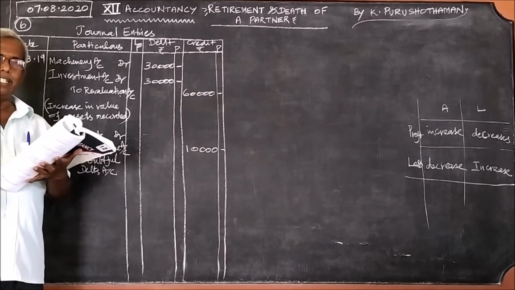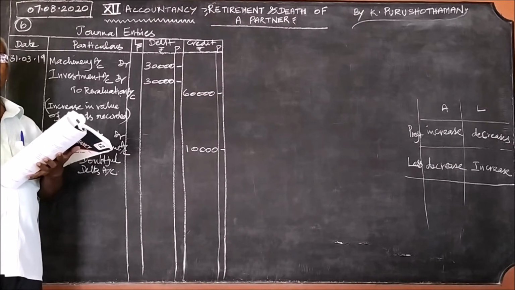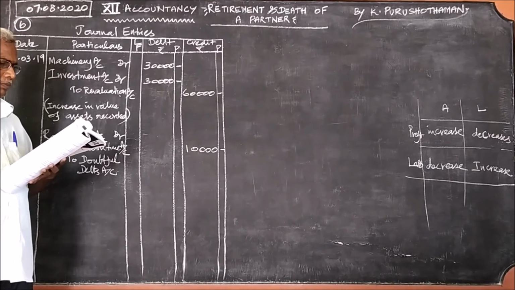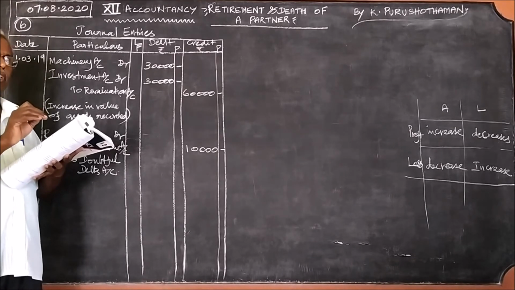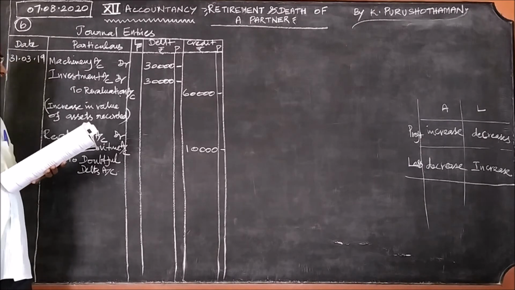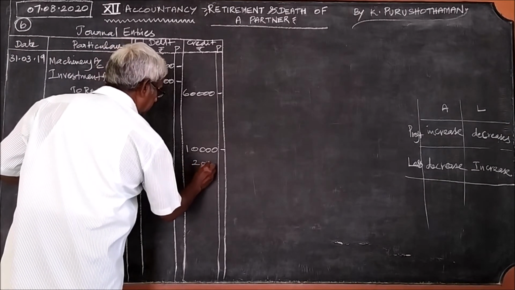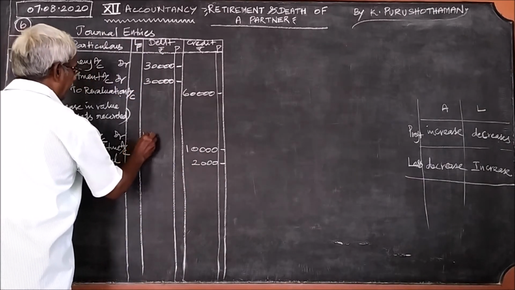But when it is increased to 5,000, remember, when there is 'to', there should be some term 'from'. What is from? Provision for doubtful debts 3,000, from 3,000 to 5,000. Therefore, increase is only 2,000. They play with words, sometimes you must be very careful.